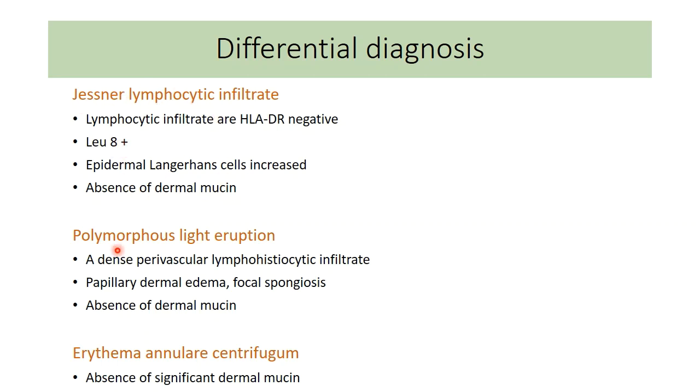The second differential diagnosis is polymorphous light eruption. The presence of a dense perivascular lymphohistiocytic infiltrate, papillary dermal edema, focal spongiosis, and absence of dermal mucin favors PMLE. The next differential diagnosis is erythema annulare centrifugum. Here it will show absence of significant dermal mucin.